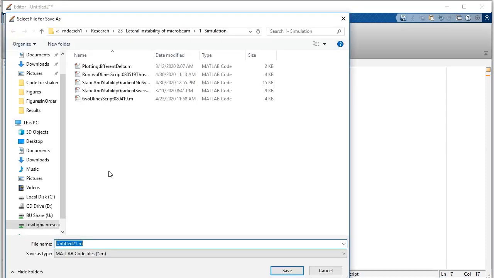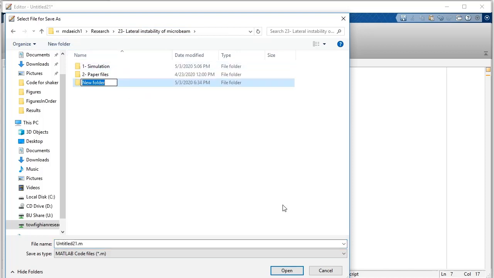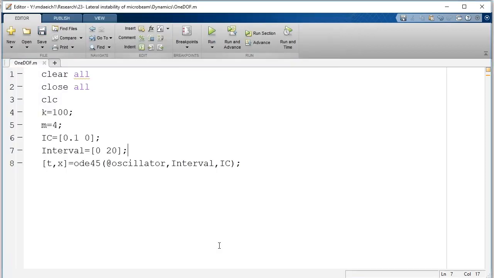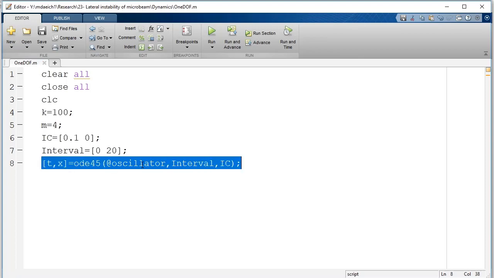Let's save this. Let's go here and make a folder here, dynamics, and call this, for example, 1 DOF, 1 degree of freedom system. So that's the name of the code. And also I have to write another script here to define this function, the oscillator function.